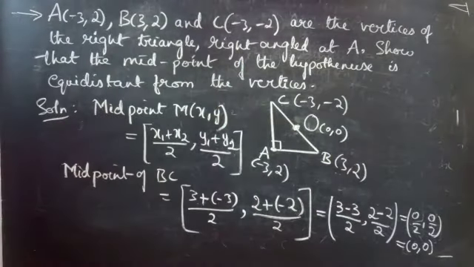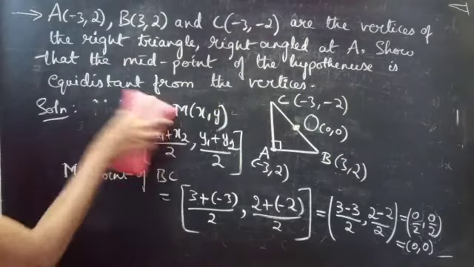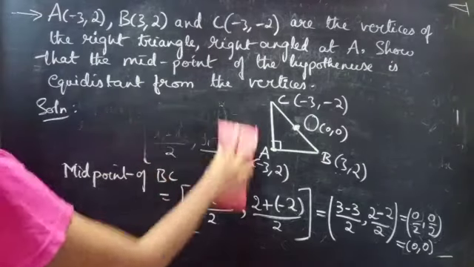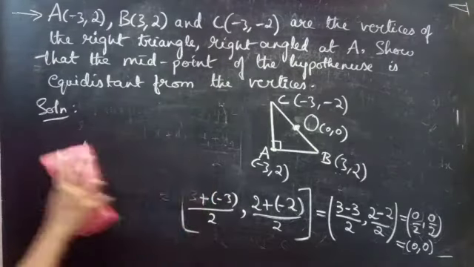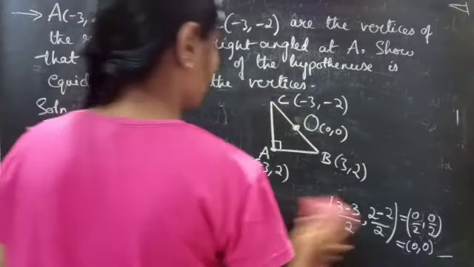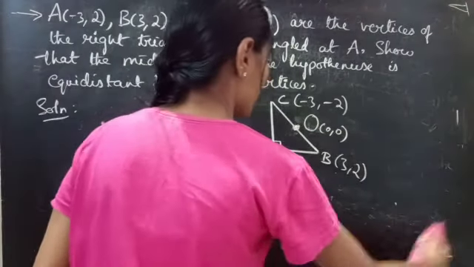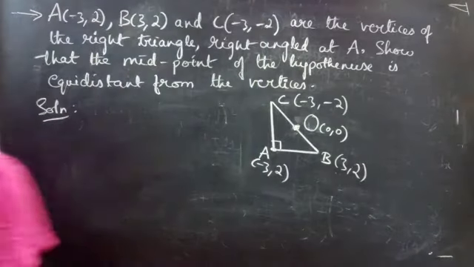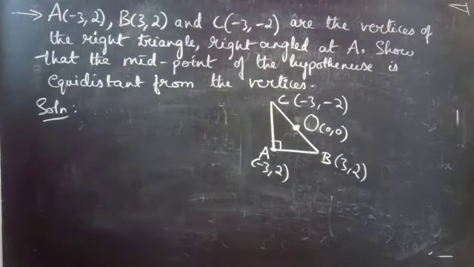Now we have to show that OC equals OA equals OB.